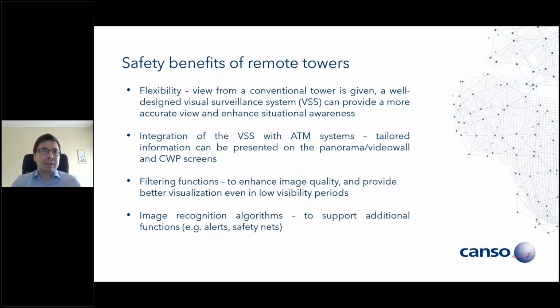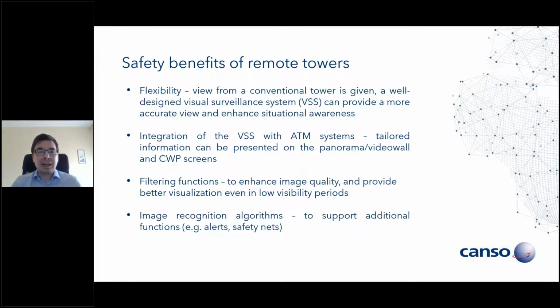Very important is the integration of the visual surveillance system with other ATM systems like the A-SMGCS, which makes it possible to provide tailored information on the panorama or video wall, like aircraft labels and vehicle labels, which can be very helpful for the air traffic controllers.